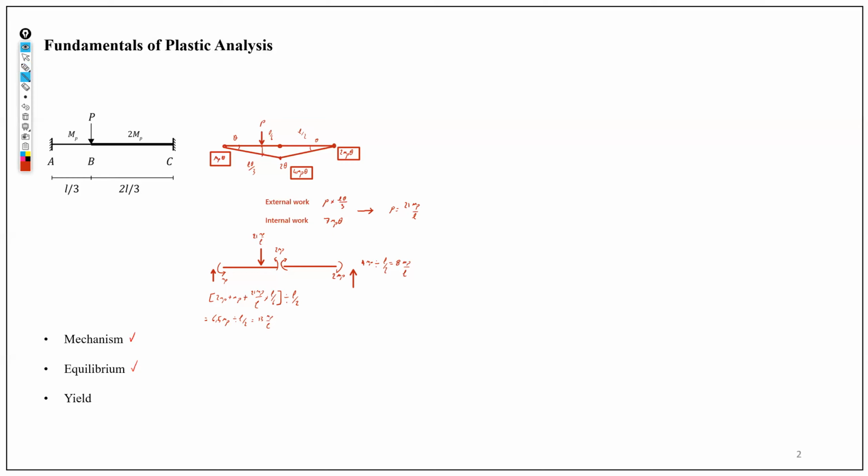Now we can easily draw our moment diagram. Let's get started. Here it's 2 Mp. Then it has to go up, also 2 Mp. Then in fact, it has to come here.